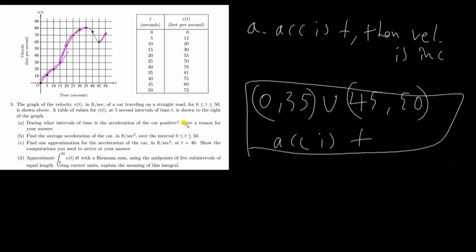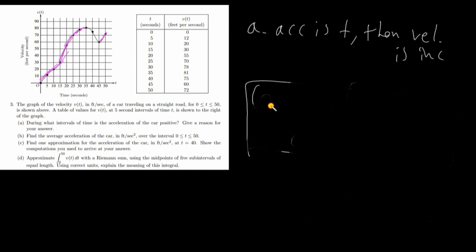And the reason for that, they're asking for a reason for your answer, which is just going to be one sentence. You'd say, well, the velocity is increasing on the interval 0 to 35 and 45 to 50, therefore the acceleration is positive on those intervals. And the points here would come from, you get 1 point for the 0 to 35 part, get another point for the 45 to 50 part, and you'd get a third point for explaining it properly.